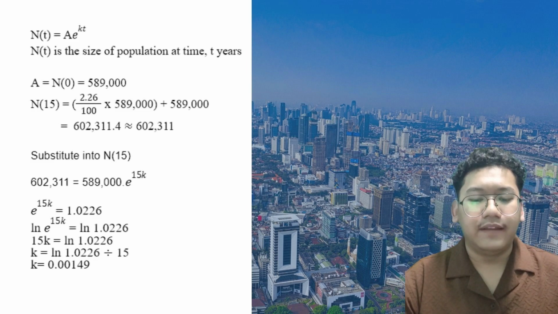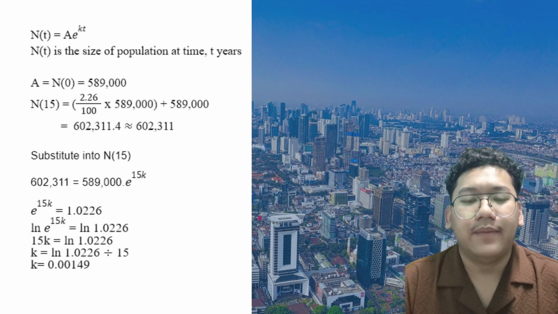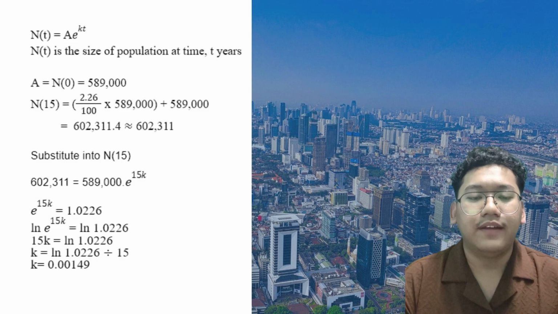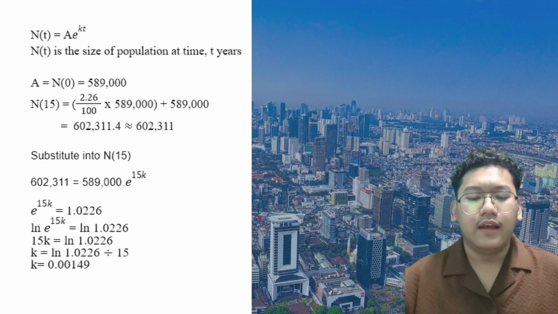So e to the 15k is equal to 602,311 divided by 589,000, which is 1.0226.